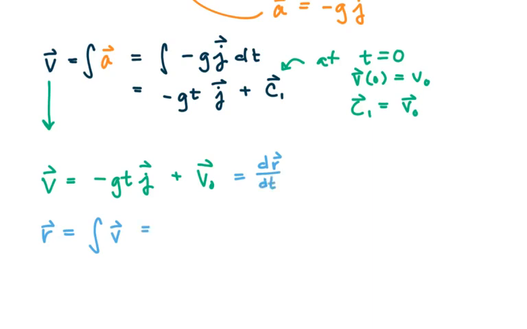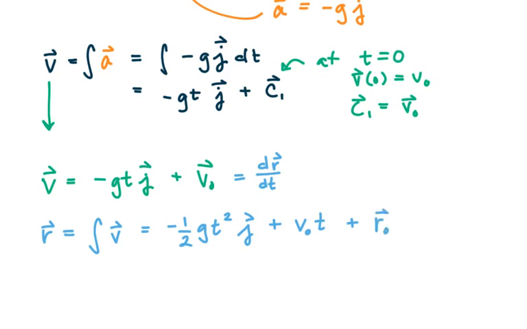And with a quick similar integration and using an initial value, we've got 1/2 gt squared times my j vector plus v naught t plus some c sub 2 value, again using initial values. We get some r naught here.